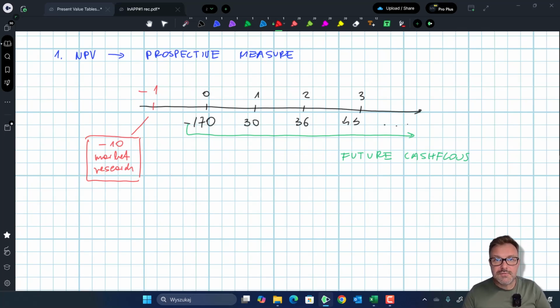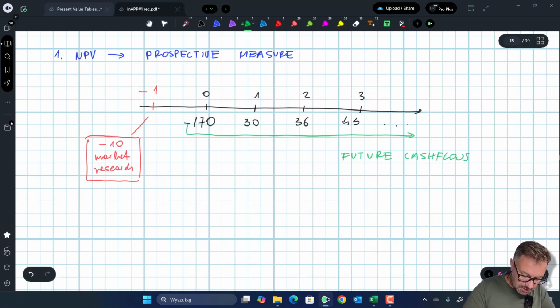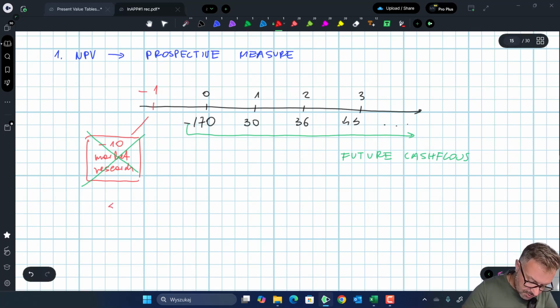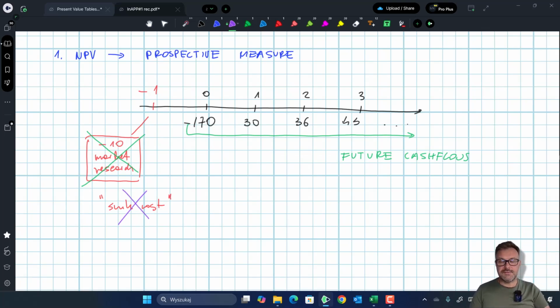From the perspective of NPV, this cost connected with the market research should not be included in the calculation because it is the so-called sunk cost. Sunk costs are not included by definition.